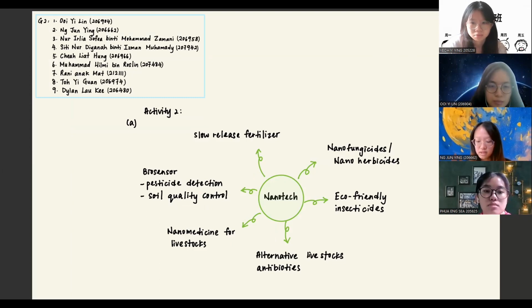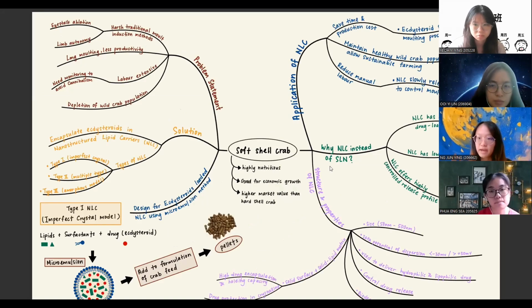In the agriculture sector, you can use nanotech to control the release of fertilizer or drugs, and drugs or antibiotics can be incorporated with nanomaterials for better efficiency. Based on the idea told by Dr. Jeff, our group came up with a nanomaterial design that incorporates the crab molting hormones, ecdysteroids, into nanostructured lipid carriers, NLC.